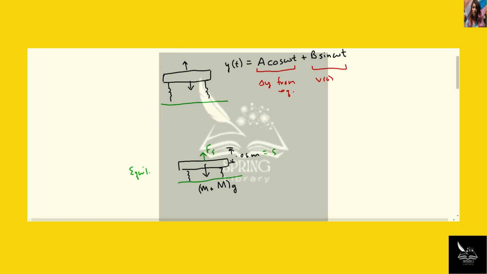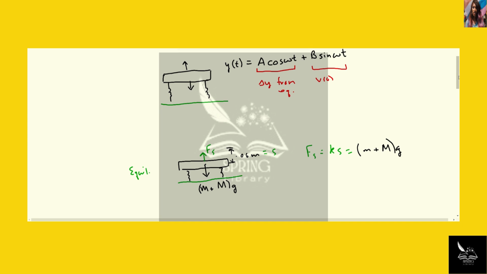So that is an equilibrium situation. And the spring force can be written as the spring constant, which comes from all four legs of the table, times S. And that has to equal your total mass times g.